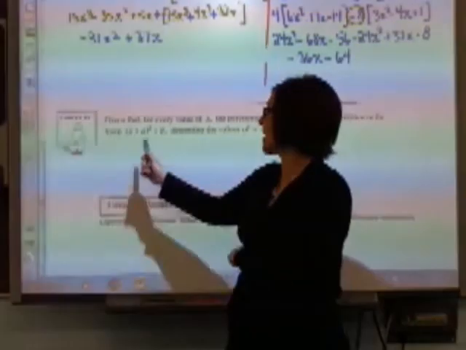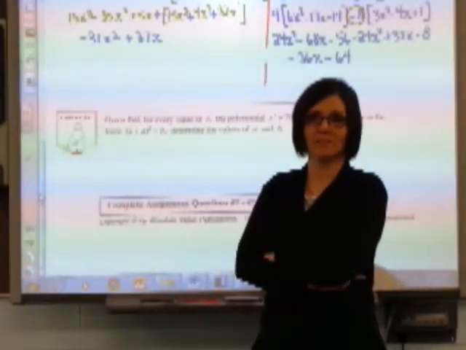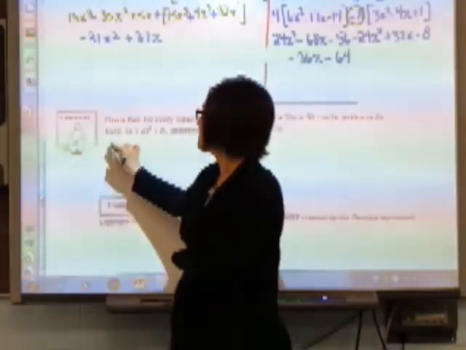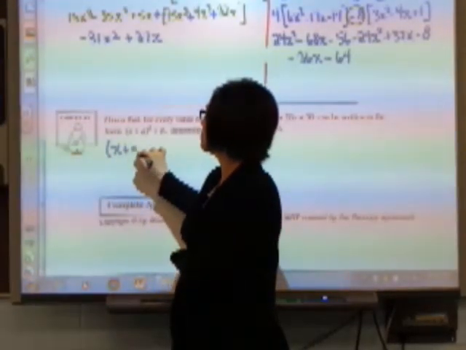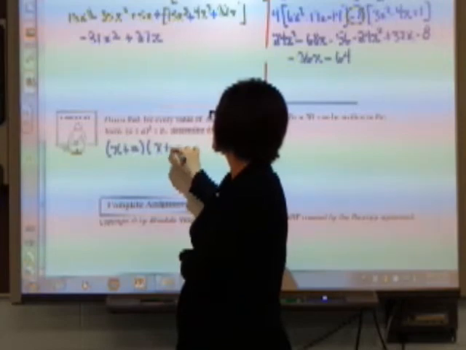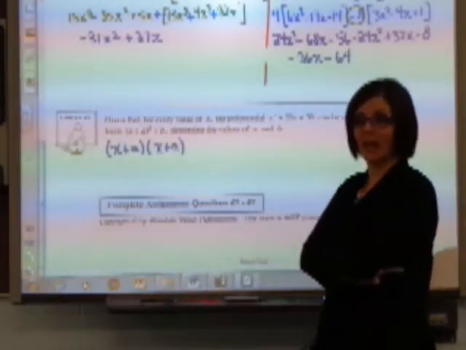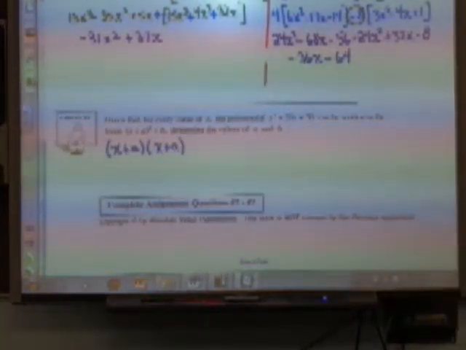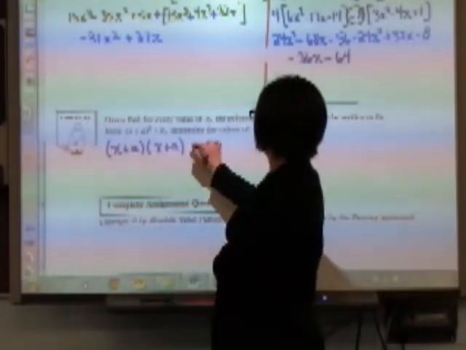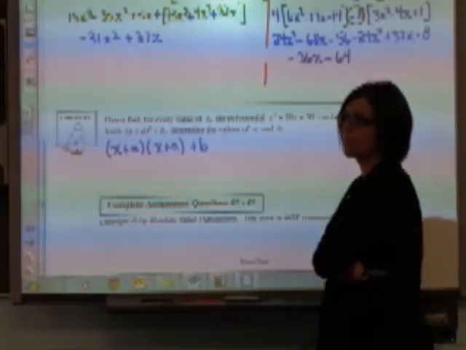So what would x plus a squared mean? It would mean x plus a times x plus a. I take something and I multiply it by itself. So I have x plus a times x plus a plus b.